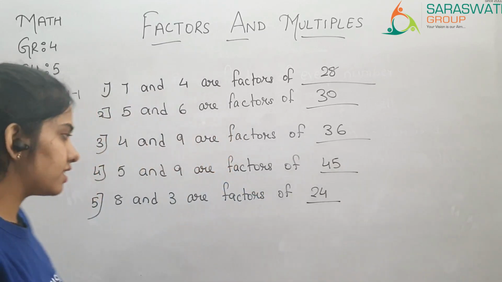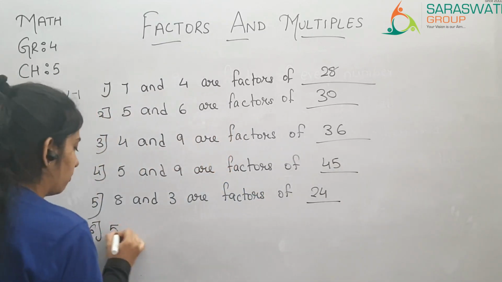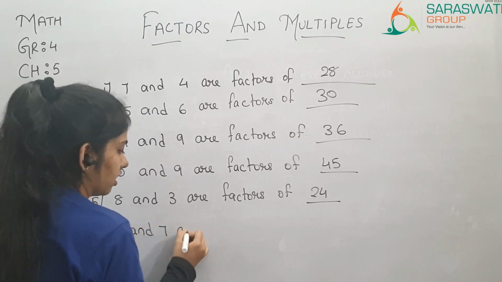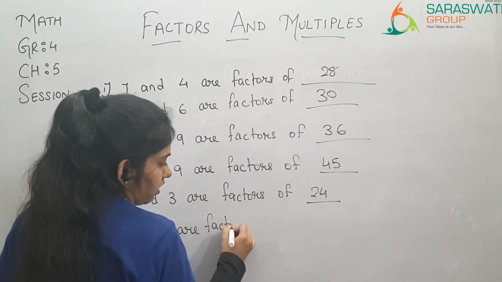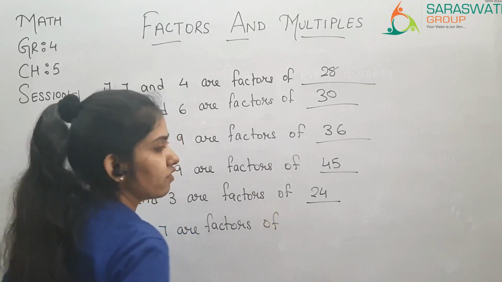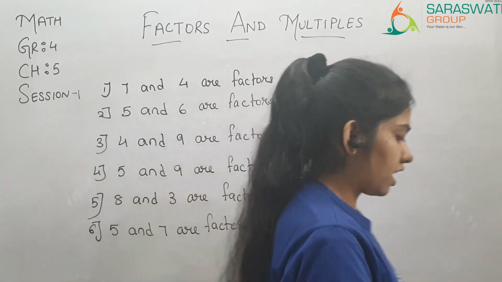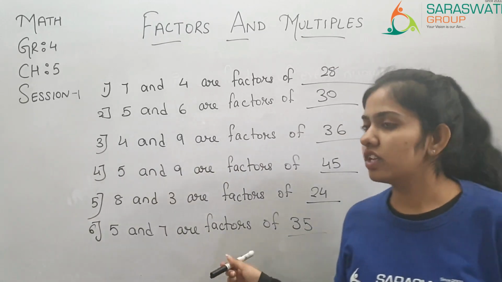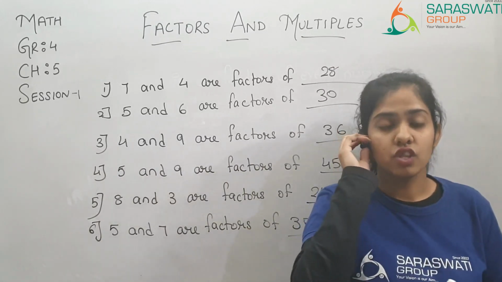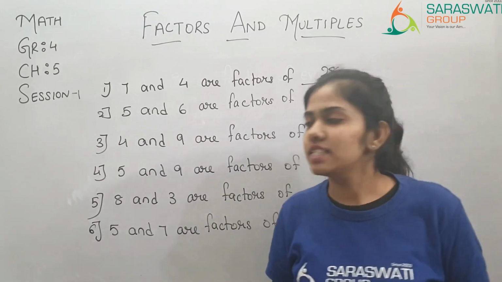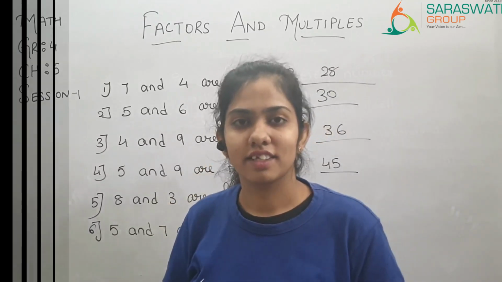Now 5 and 7 are factors of 7 fives are 35. So 5 and 7 are the factors of 35. Okay, now let's see another sums.